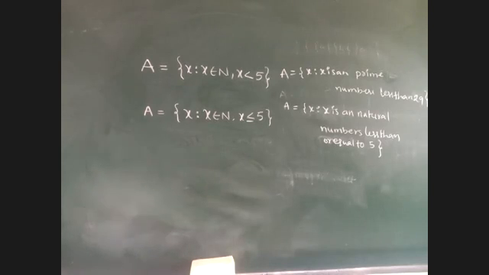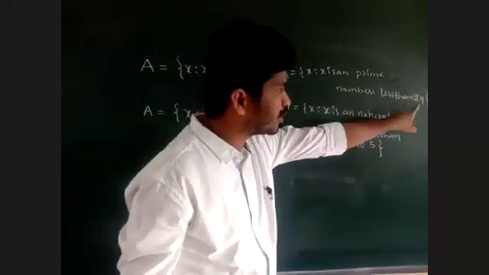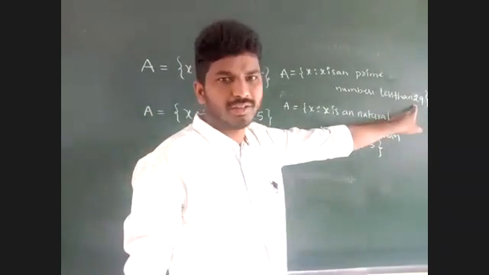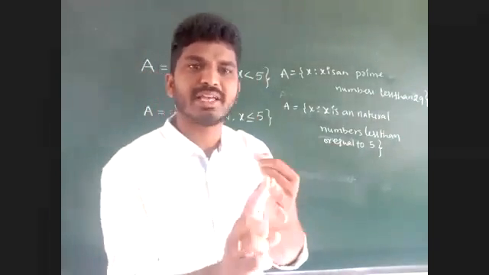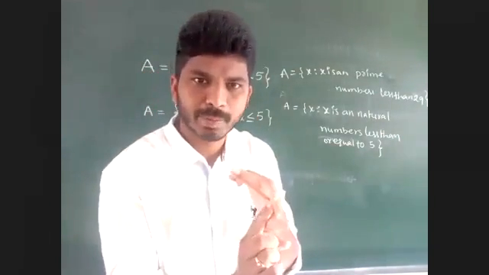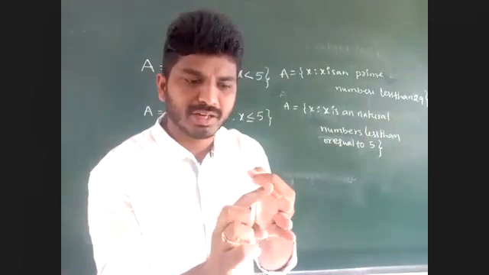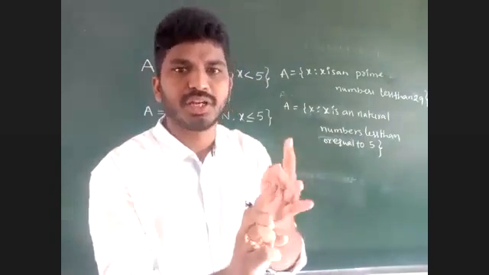So less than 29 means we should not consider 29, right? Up to take 2, 3, 5, 7, 11, 13, next one is 17, then 19, 23.